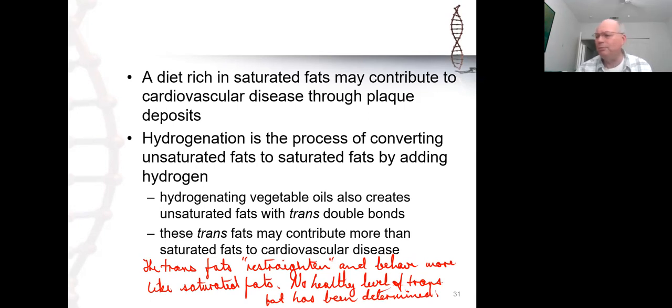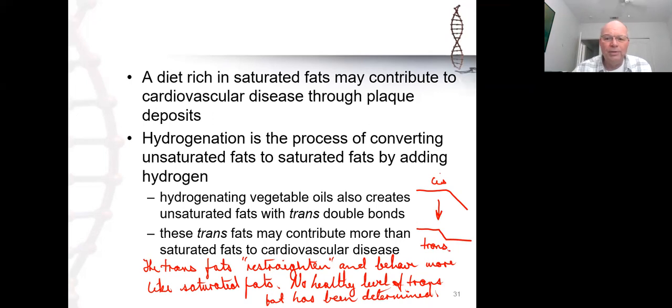So I might as well draw a diagram of this. There's the cis. The conversion to trans is, you take the cis fats that have got the big kink in them and convert them to trans fats that re-straighten and behave more like saturated fats.